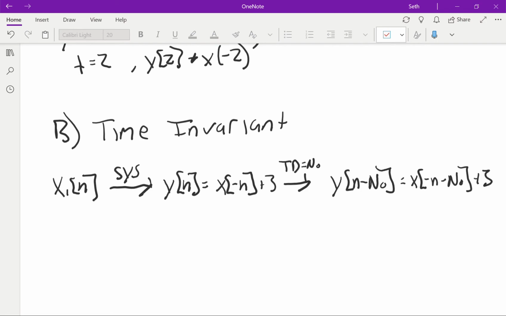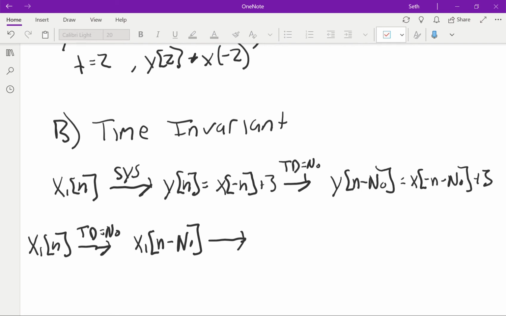Okay, so now let's try it the other way. Let's first shift the input and then feed it into the system. So it's the same time delay equal to n naught, and we get x1 of n minus n naught.